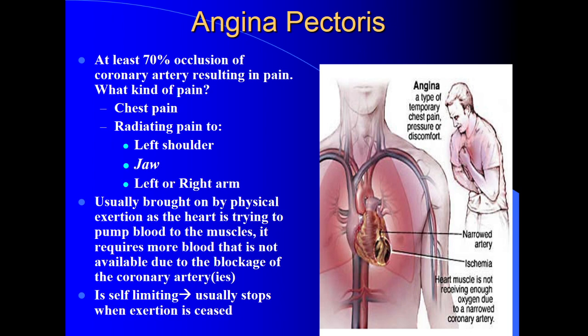Usually it's chest pain, radiating pain to the left shoulder, jaw, left or right arm, usually brought on by physical exertion when the heart is trying to pump blood to the muscles. It requires more blood than is available due to the blockage of the coronary artery. It is self-limiting, usually stops when exertion is ceased.